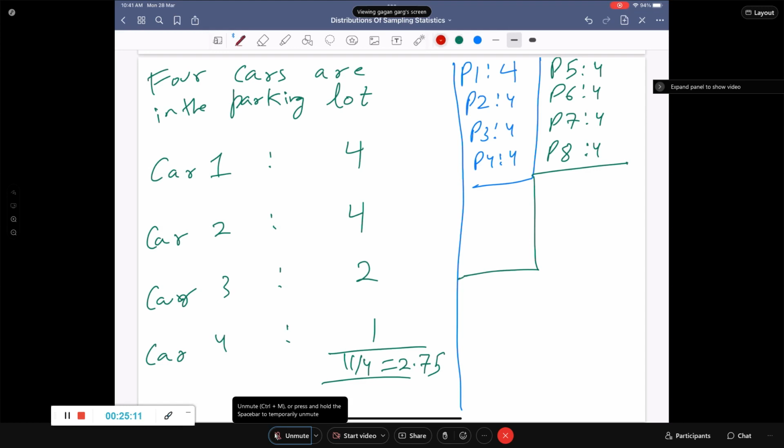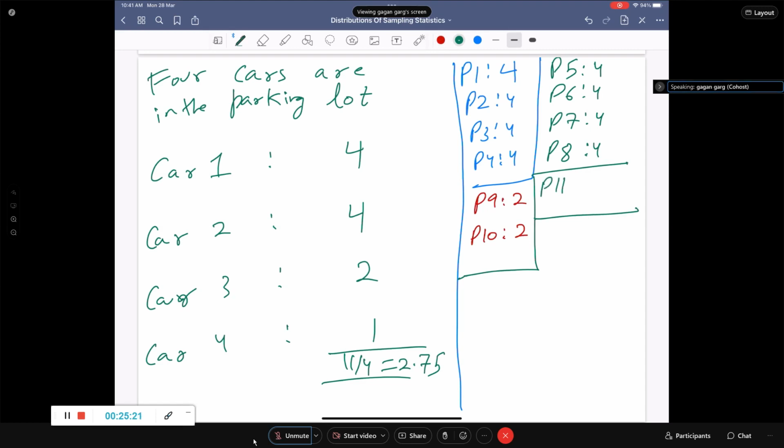Then two people came in car three. They will say we came with 2 people. And then one person came in car 4. He will say there's one person in my car.